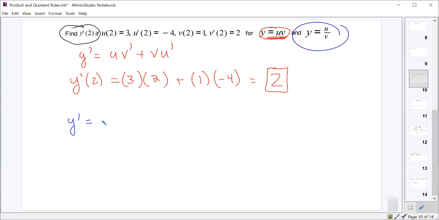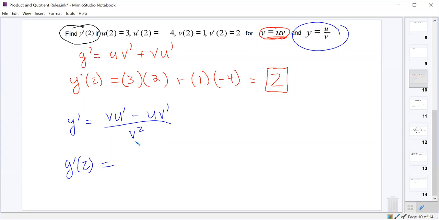What's the quotient rule? What comes first? It's v times the derivative of u, minus u times the derivative of v, over v squared. Cool. So if we want y prime of 2 with y equal to u over v, then just plug all those in.